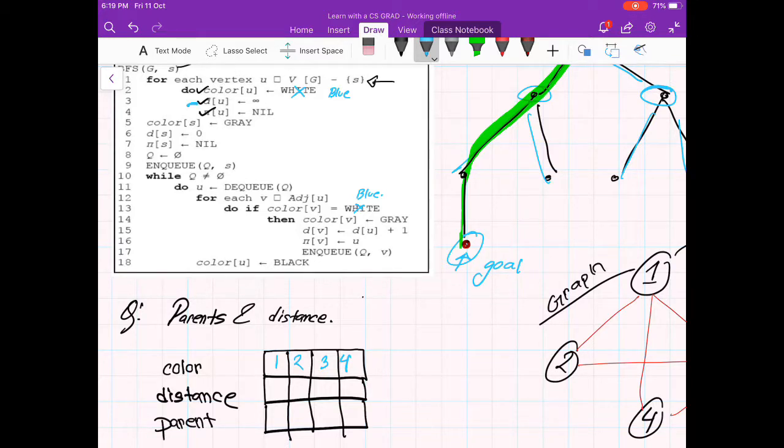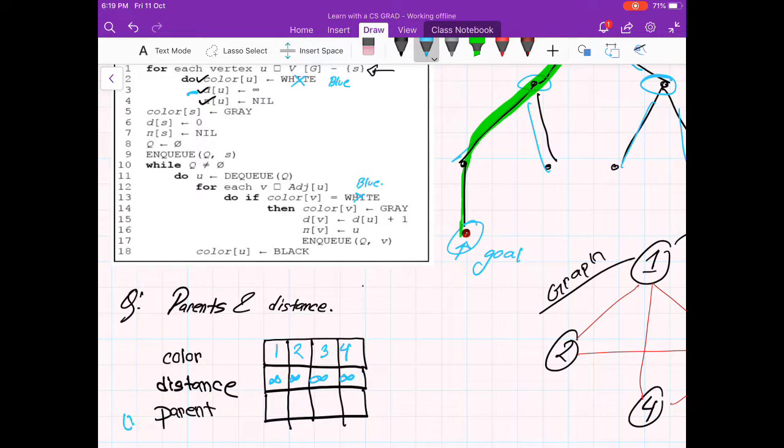The distance is infinite at first because we don't know how far a particular node is from the starting node, and π represents the parent here. We initially don't know who the parent of each node is, so we'll leave that blank for now.